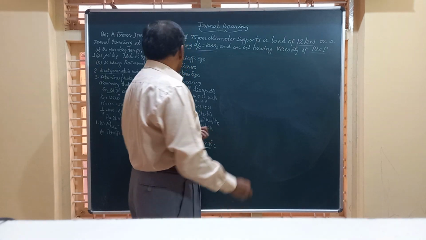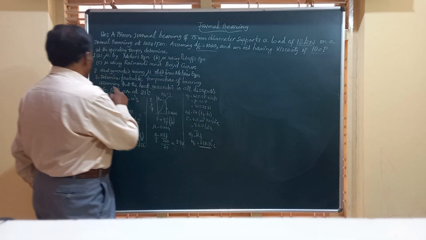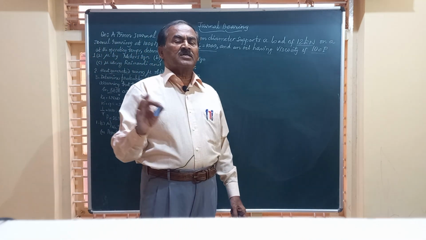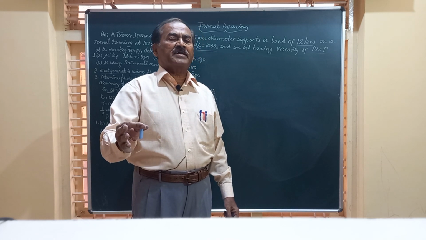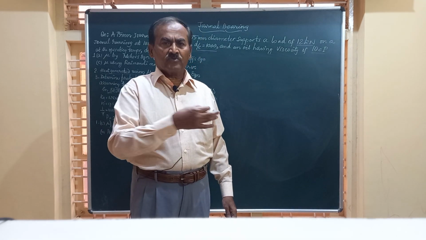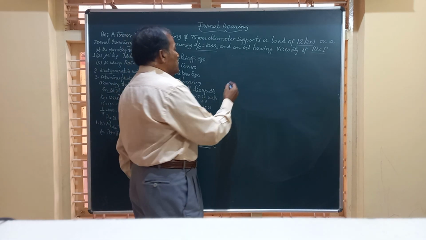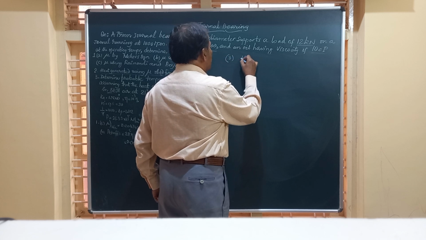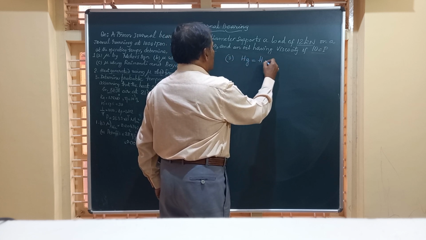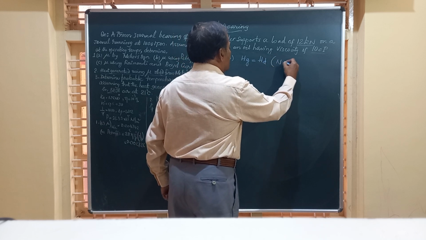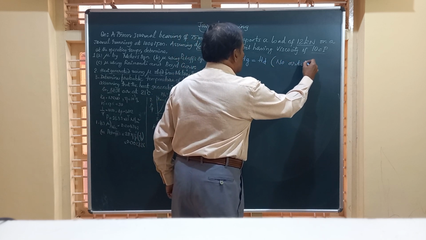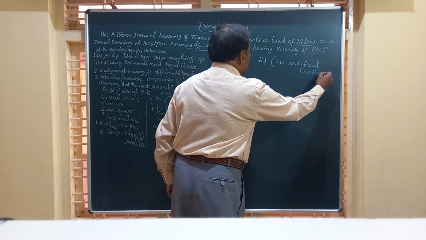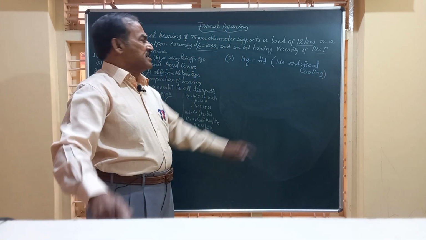And friends, the third part asks to determine the probable temperature of the bearing, assuming that the heat generated is all dissipated in still air at a room temperature of 21 degrees. So for part 3, we will say Hg is equal to Hd, because no artificial cooling is provided, and whatever heat is produced is totally dissipated.